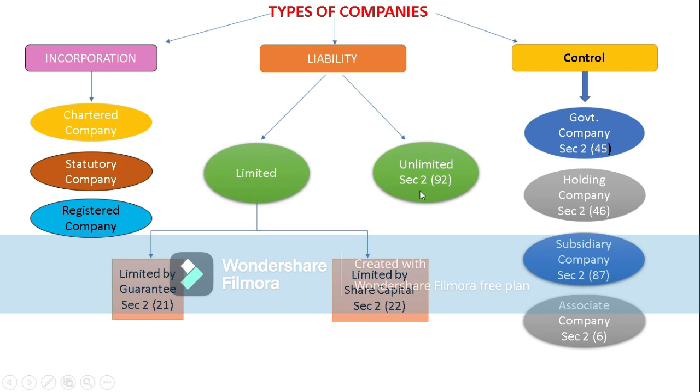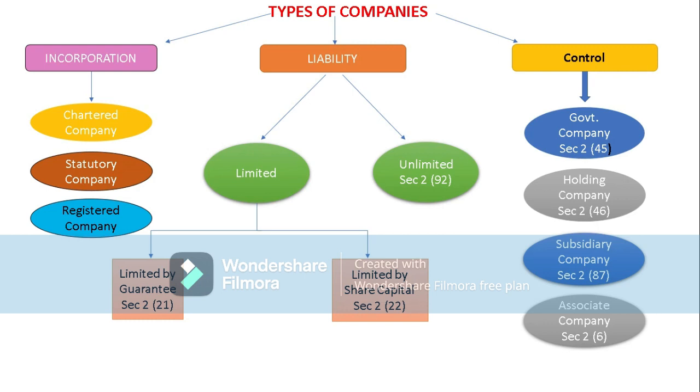Now coming to unlimited. Unlimited means, according to Section 2 subsection 92, a company with unlimited liability is one wherein the liability of members is not limited. Unlimited means there is no limit. The members of such a company are personally liable for the debts of the company.